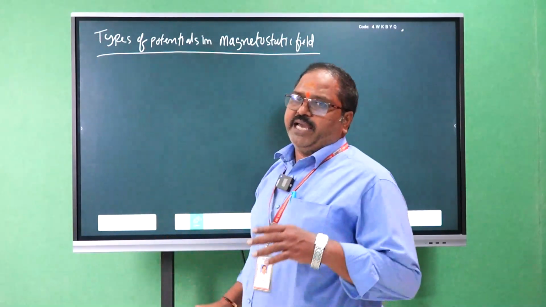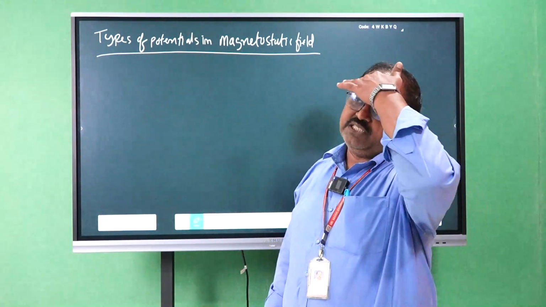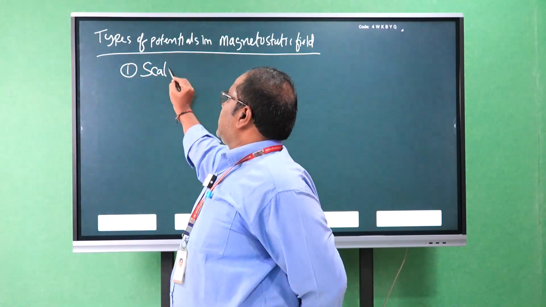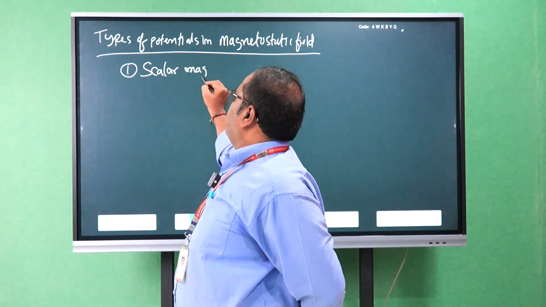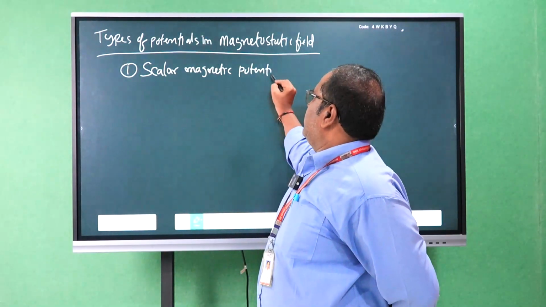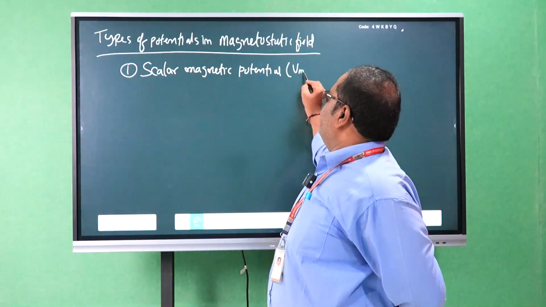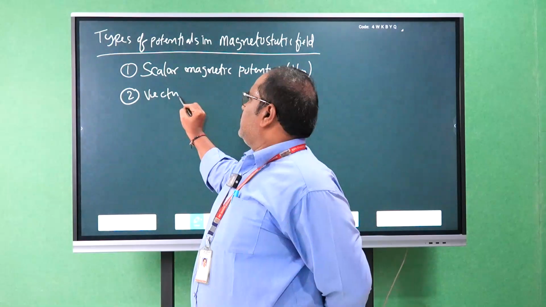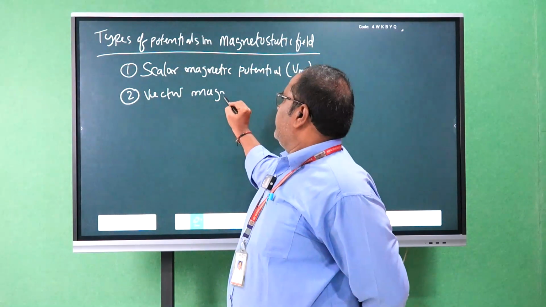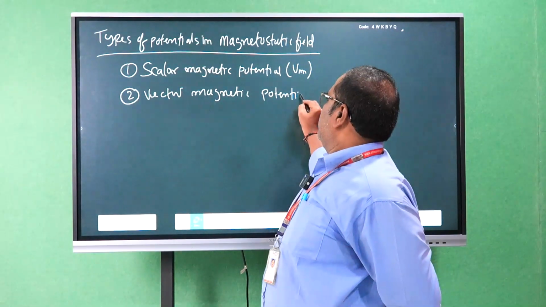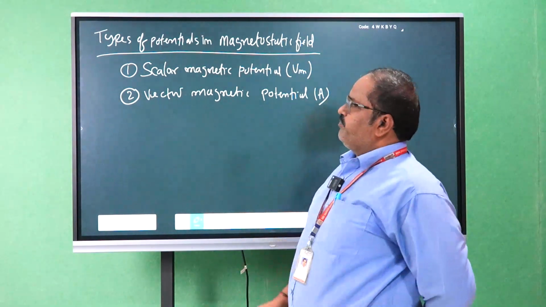There are two types of magnetostatic potentials. The first one is the scalar magnetic potential, denoted as Vm. The second one is the vector magnetic potential, denoted as A.